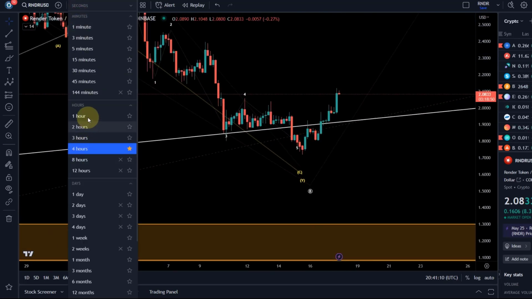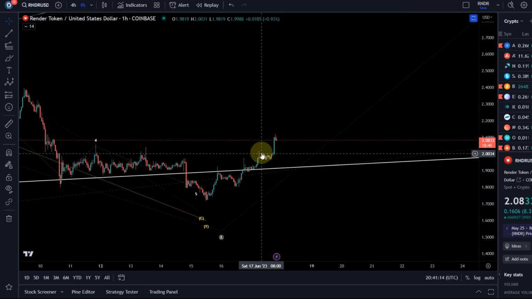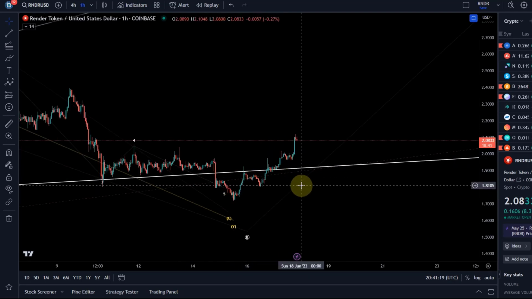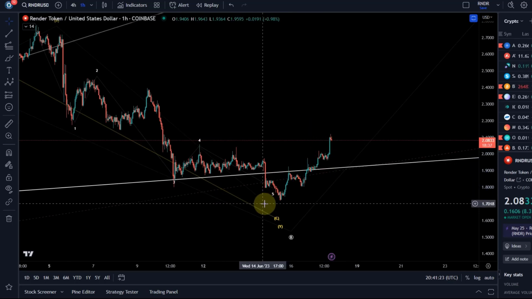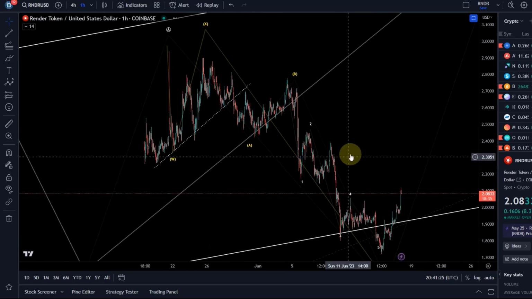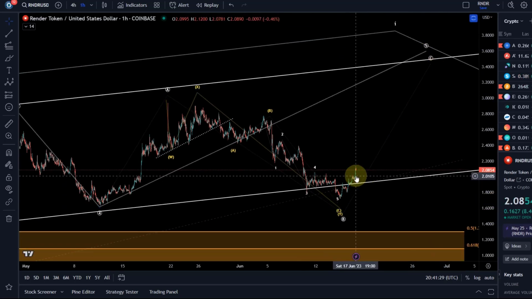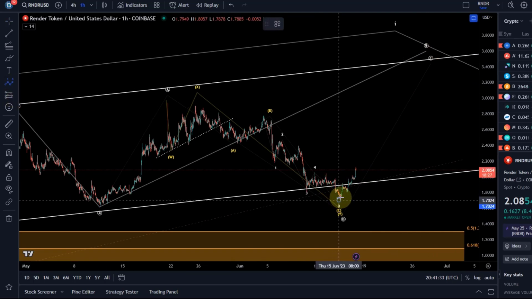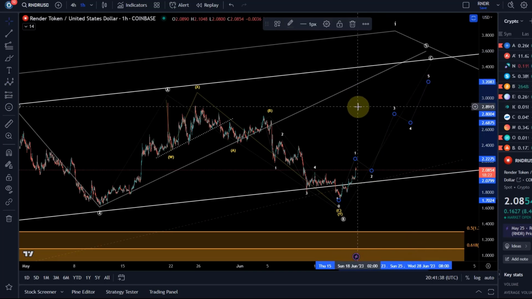If we go to the 1-hour chart, this could be another diagonal structure unfolding here, or a series of 1-2 setups, but that's unlikely. Bear in mind, if this is a C wave to the upside, it would be a 5-wave move. This might be the first wave of that 5-wave move, as a diagonal. So we're looking at something like 1, 2, 3, 4, 5 eventually in this wave count.